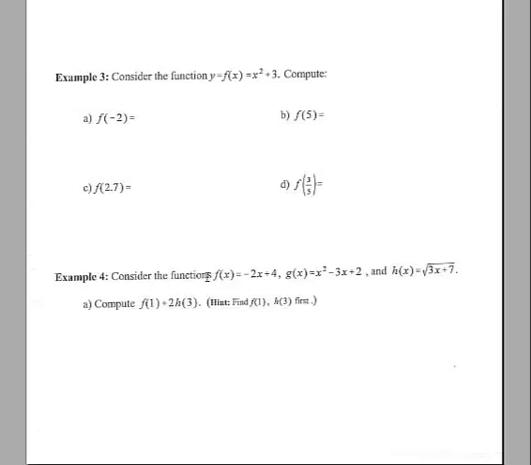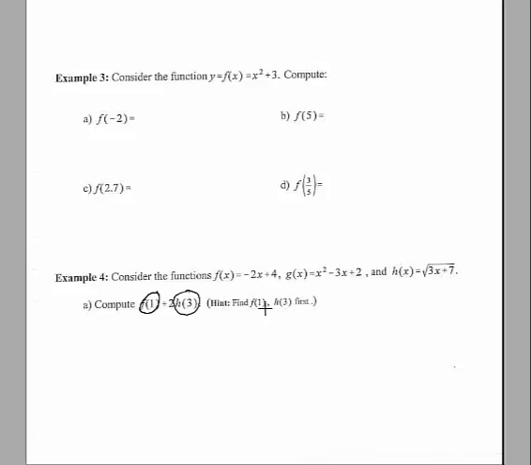Okay, so last example on this page, consider the functions f, g, and h, and they show us the operations that we carry out on the input x. It wants us to compute f of 1 plus 2 times h of 3. You have to recognize this f of 1 and this h of 3 as function notation.